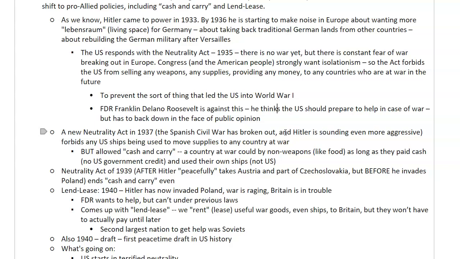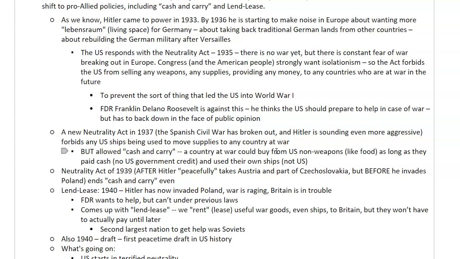But, oddly enough, it allowed what was known as cash and carry. A country at war under this act was allowed to buy non-weapons materials, like food, from the U.S. So Britain could buy food from the U.S. as long as they paid cash.